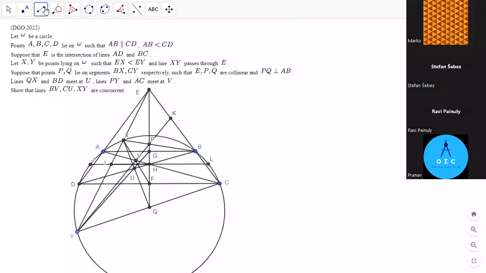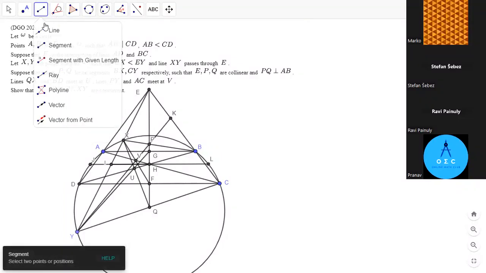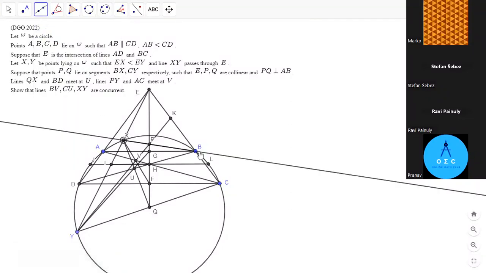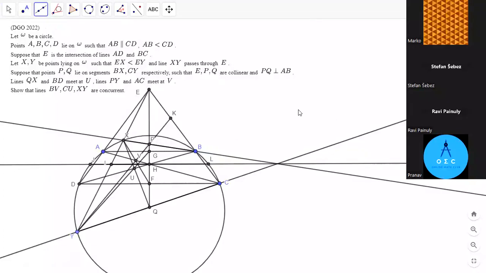By Brocard, XB and CY meet on the polar of V. But Brocard would have the intersection of CX and BY, right?